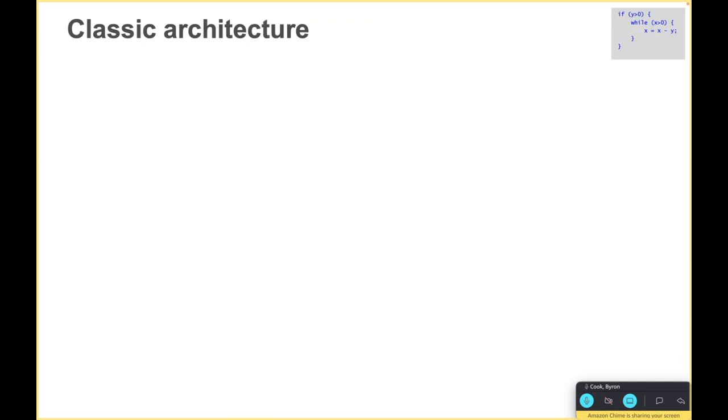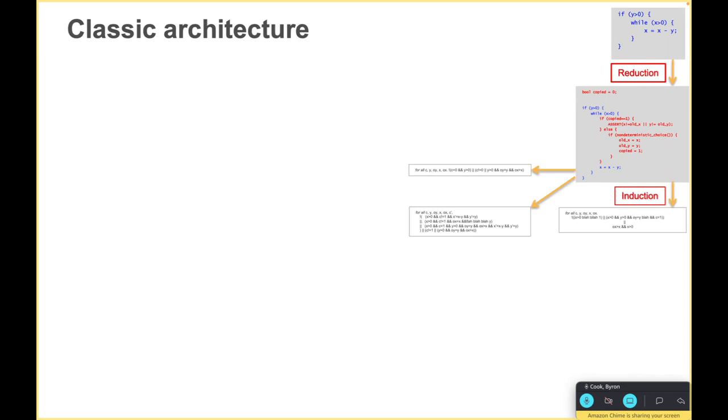The classic thing you'd see, in particular for imperative programs, is that there's a bit of a reduction, which I'll tell you about in a moment. That converts liveness to safety, and then safety is really induction.